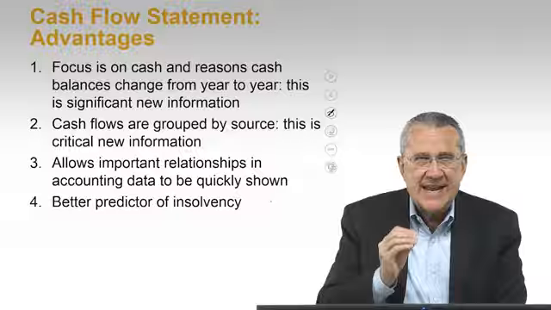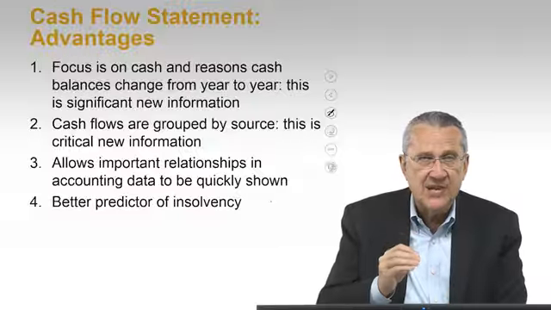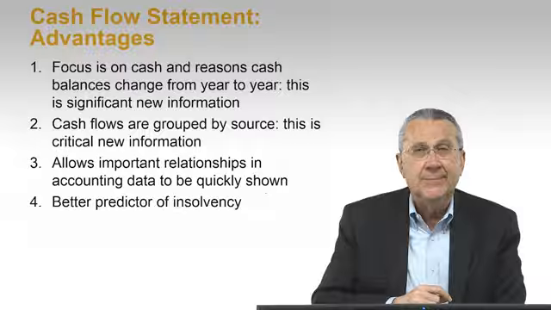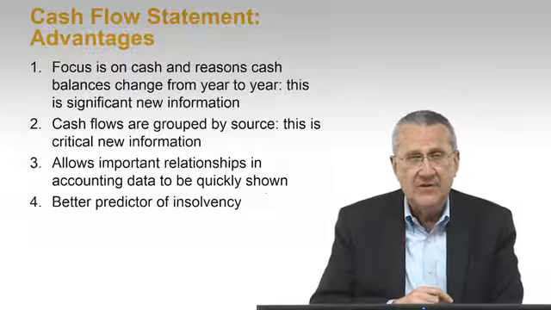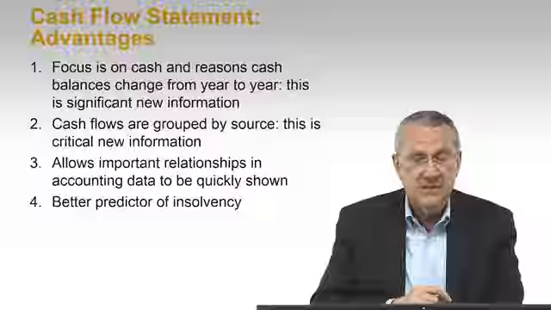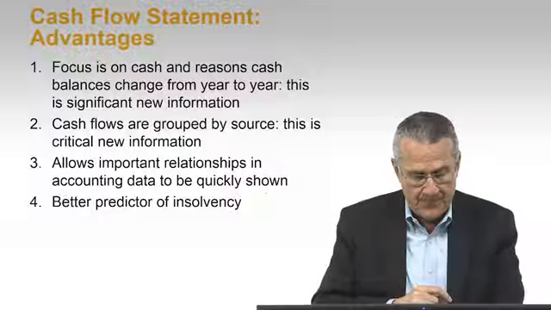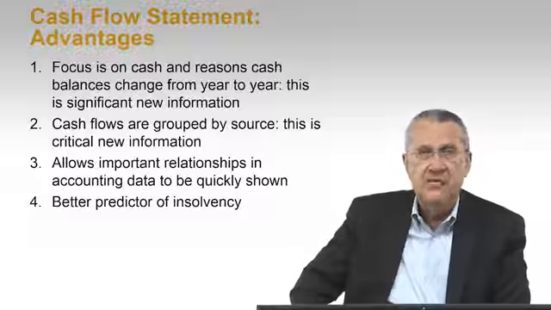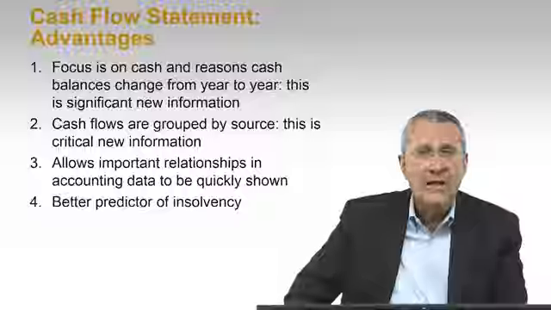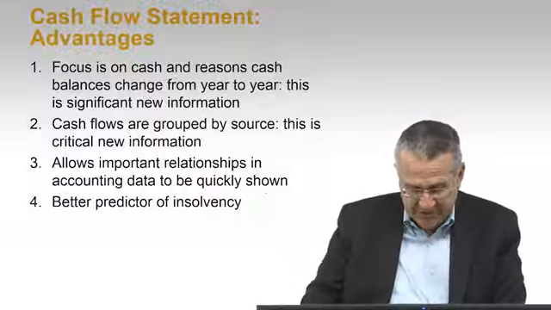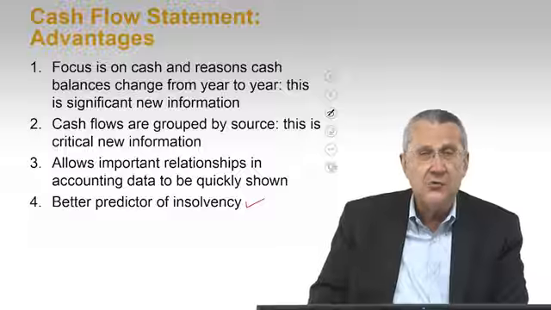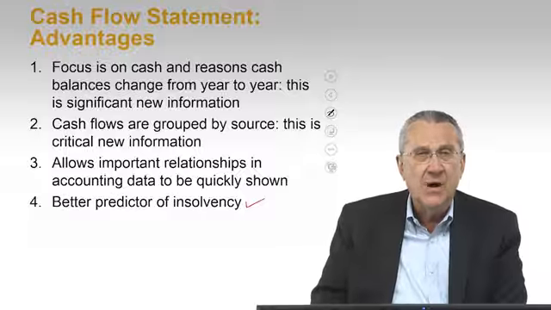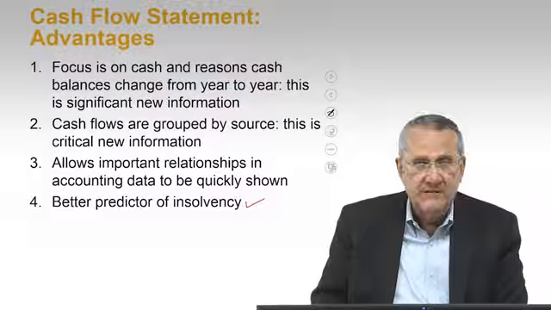Remember, operating cash flows are the essential quality, positive operating cash flows, the essential quality of a business that's going to last for very long. And we're also going to see some important relationships in other accounting data that will be quickly shown. And we're going to find that the statement of cash flows is, as you probably anticipated, a much better predictor of insolvency.